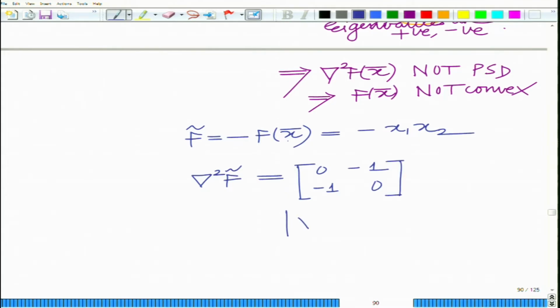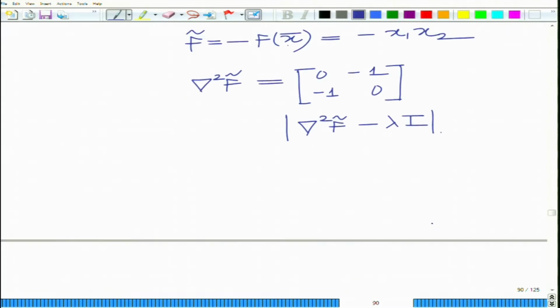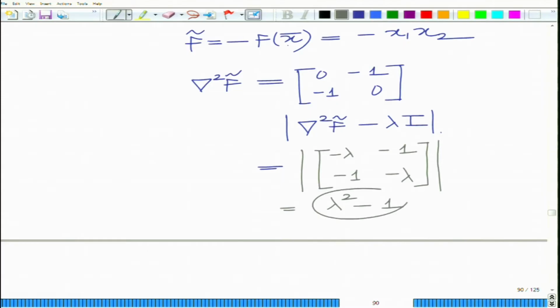Now, again check the eigenvalues: the determinant of the Hessian minus lambda I, which is minus lambda minus 1, minus 1 minus lambda, equals once again lambda square minus 1, and lambda square minus 1 equals 0 implies lambda equals plus or minus 1.